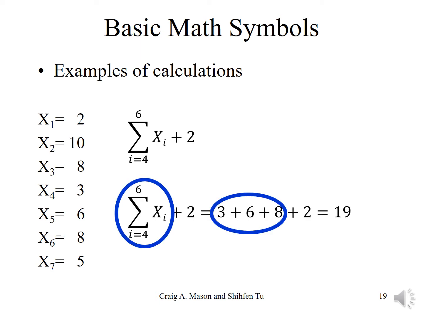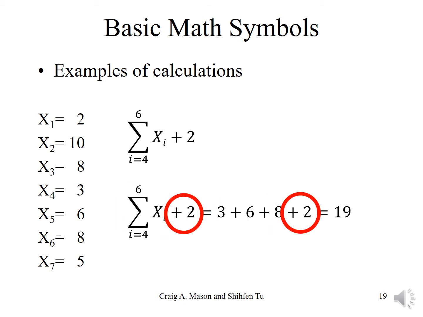So we add up the values of X sub 4, X sub 5, and X sub 6. That's 3 plus 6 plus 8. And then we add 2 more. We're not adding 2 to each of the values of X sub I because it's not nested within parentheses in the summation sign. Again, it's outside the summation part of the equation, so we just add it at the end.